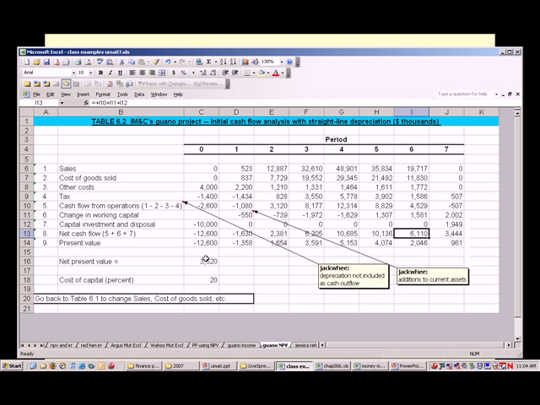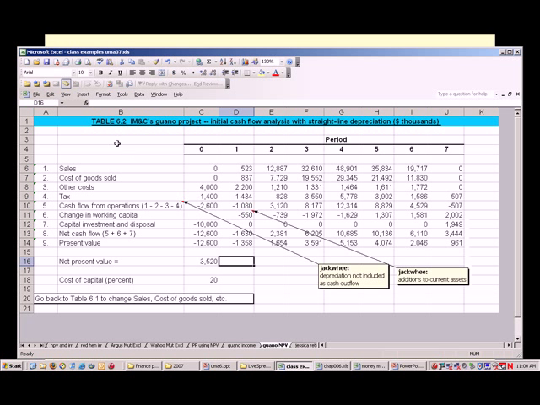That's already done for us down here using a separate line which indicates the present value of the cash flows in each year. What I would like to do is to show you how to use our NPV function applied to the net cash flow amounts in row 8 to calculate the net present value. So let's just say we're going to put the net present value in this cell.